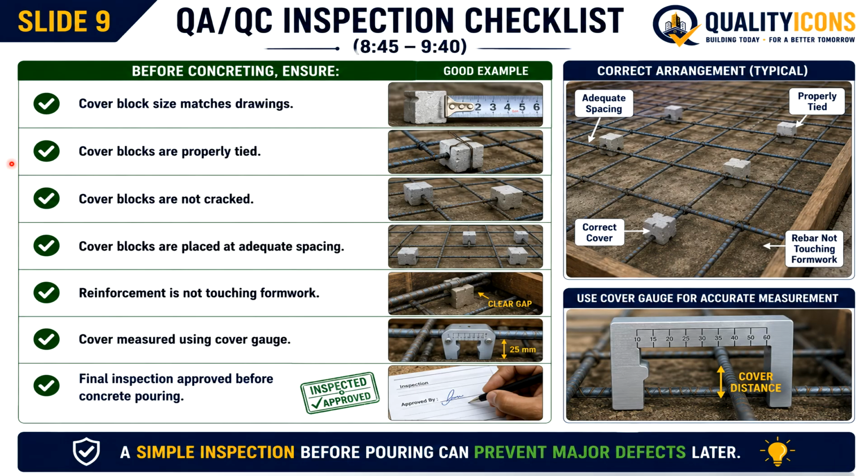Before concreting, always verify the following: cover block size, cover block quality, proper spacing, proper tying, reinforcement not touching shuttering, cover measured using cover gauge, final inspection approval. The golden rule is never approve reinforcement only by visual inspection. Always verify concrete cover using measuring tools.